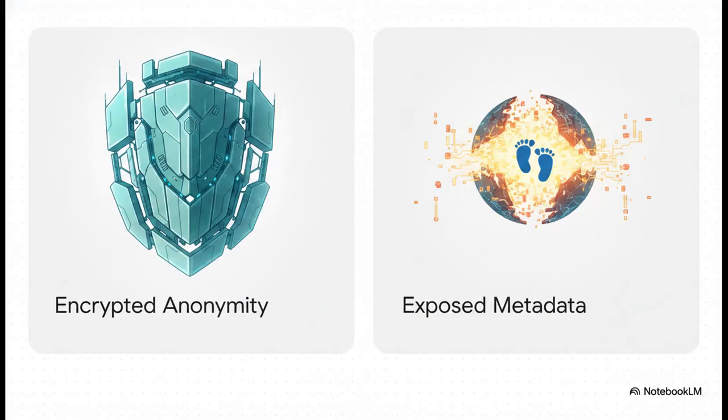Now, what's really interesting about this slide is the stark contrast it presents. On one side, we have encrypted anonymity, that massive, seemingly impenetrable technological shield we've been talking about. But on the other side, we have exposed metadata, because this is exactly what brought the entire empire down. The anonymous hacker, the creator of the whole thing, made a tiny, seemingly insignificant mistake on the regular open internet years prior.